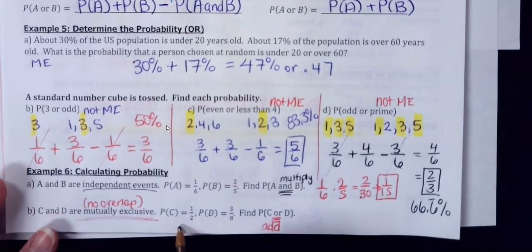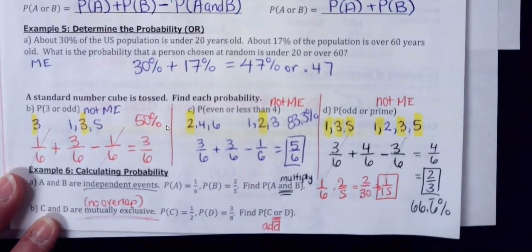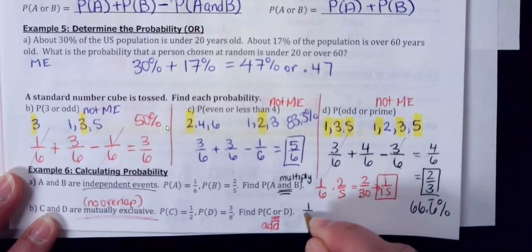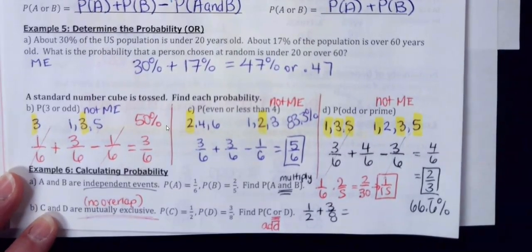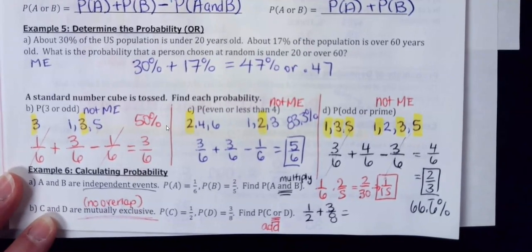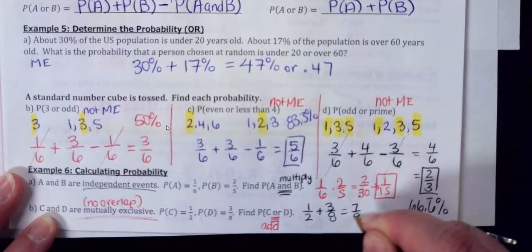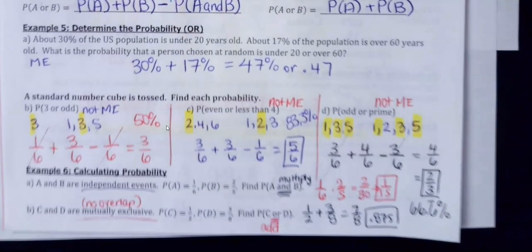So it says probability of C is 1/2, probability of D is 3/8. So if it's an OR statement, we're just going to add those together, 1/2 plus 3/8. And I'm just going to cheat on my calculator real quick because I'm lazy. And this would be 7/8 as a fraction, 0.875 as a decimal.